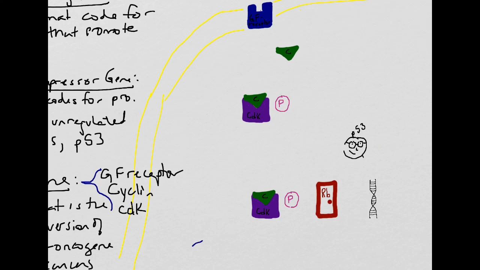Well, what happens if we mutate them? What if I make it so that the RB protein is always unlocked? If it's always unlocked, we're in trouble, because now we're going to copy our DNA over and over, and we're going to get, again, uncontrolled DNA replication.